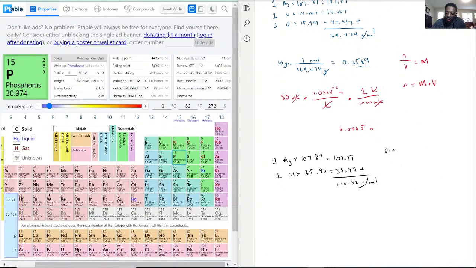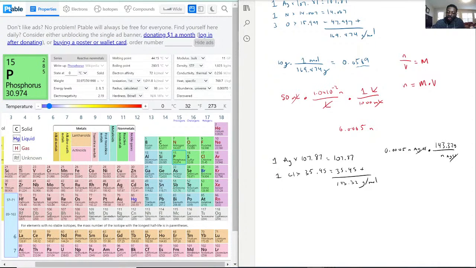So 0.0005 moles of silver chloride times, we want to get from moles, so we have 143.32 grams at the top per mole of silver chloride. These two cancel out, so we're just multiplying that by 0.0005.